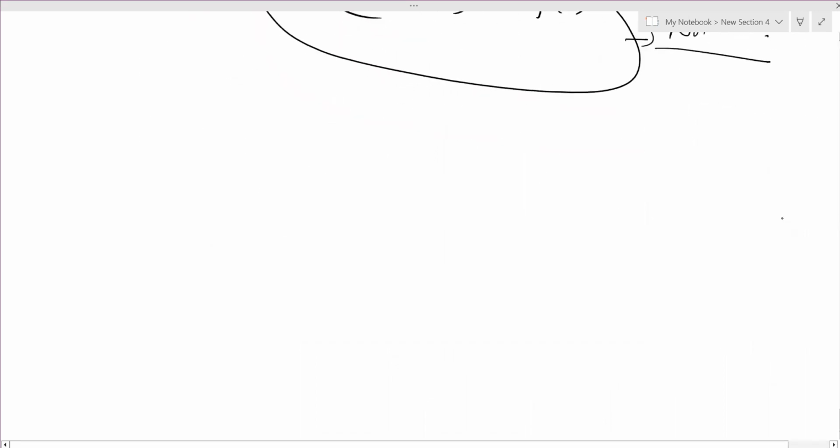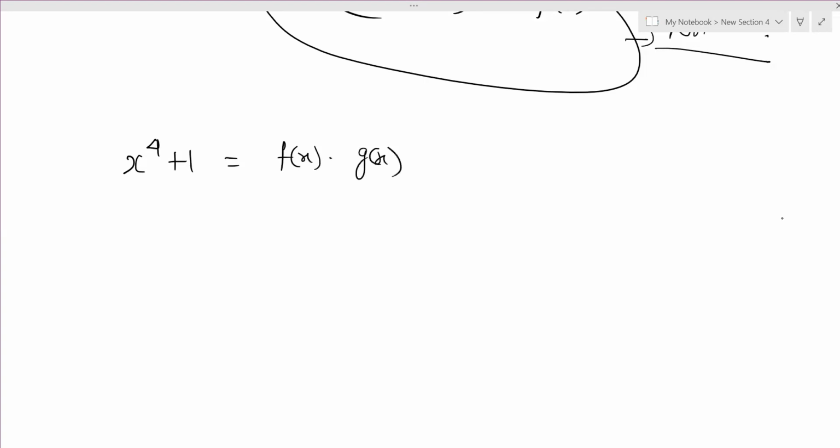See, this is the idea you have to use. If x to the power 4 plus 1 is reducible, then you can write this as a product of two or more polynomials, f(x) and g(x). Now argue on the degree of f(x) and g(x). If f(x) has a degree 1 term and g(x) has a degree 2 term, then there is a term of degree 3.